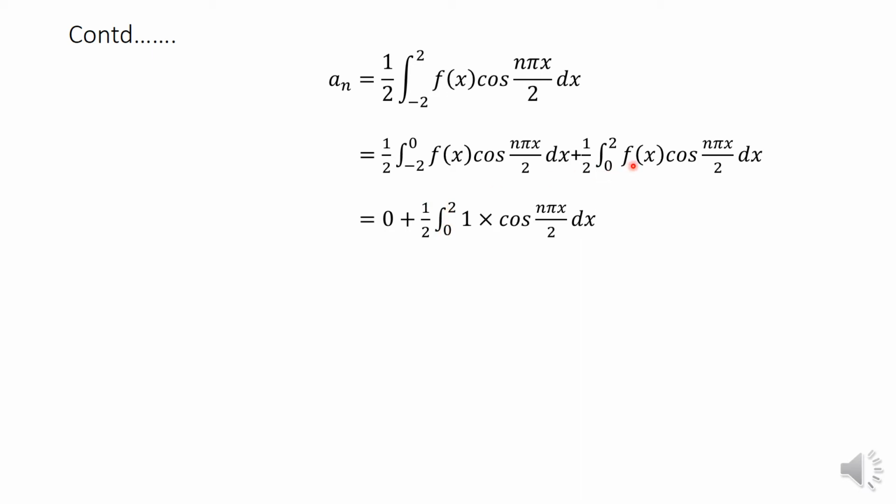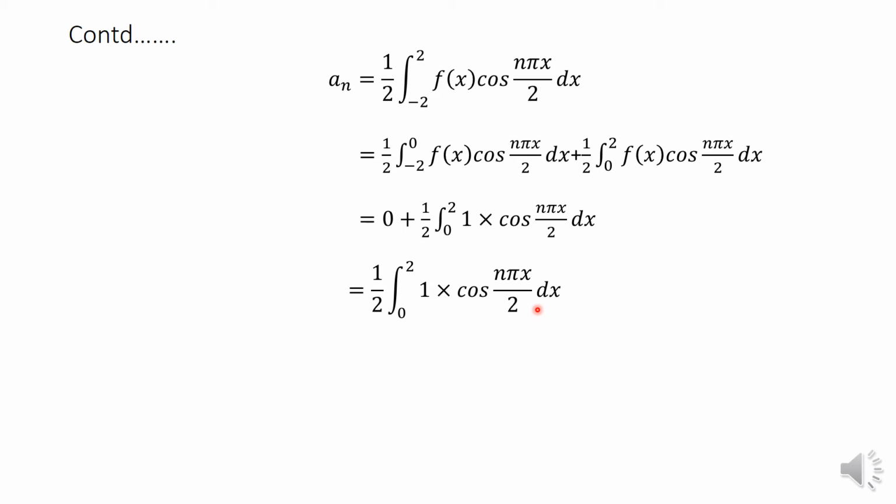In that interval, the functional value f of x is 1. I am substituting here into cos n pi x by 2 dx. So finally we get 1 by 2 times integral 0 to 2 of cos n pi x by 2 dx.